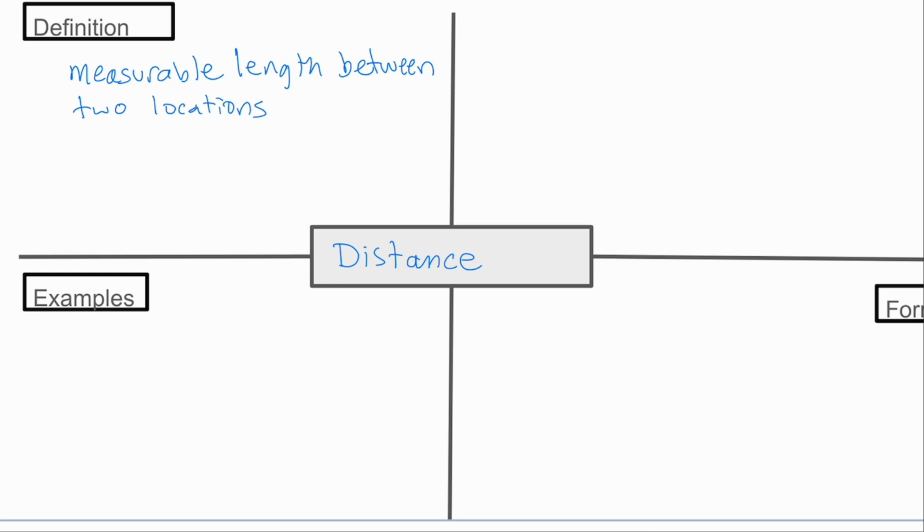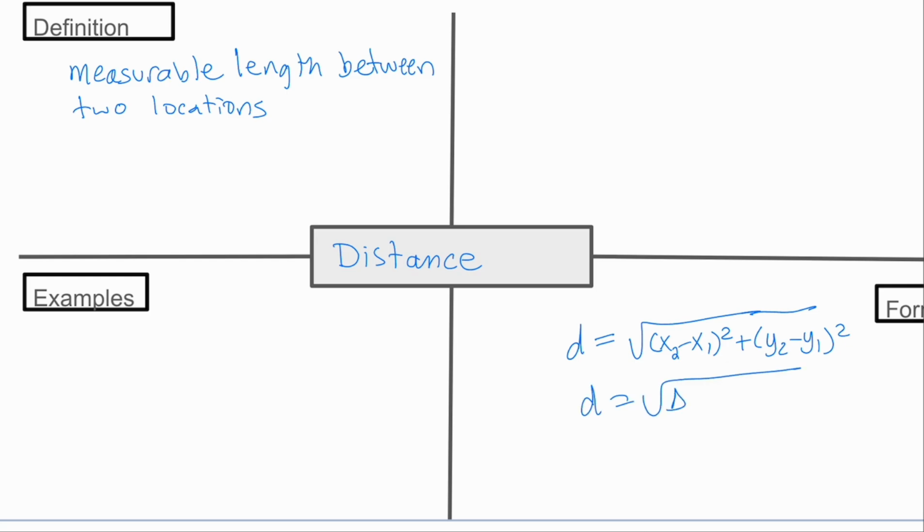Let's jump to the formula spot. Distance is the square root of x2 minus x1 squared plus y2 minus y1 squared. You can also call that delta x squared plus delta y squared.